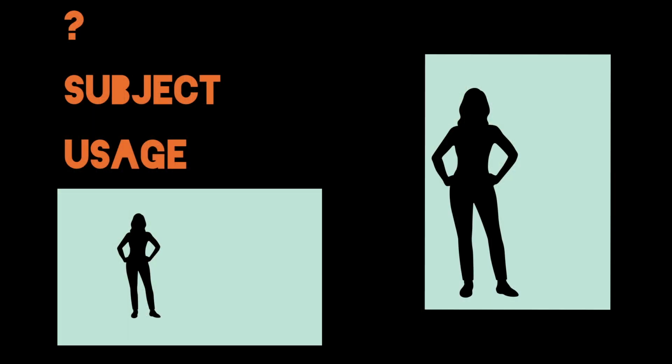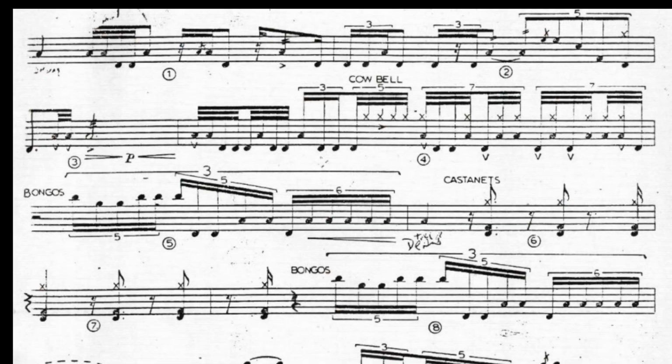Sometimes the subject decides which one is better, but you can also need different shapes depending on the usage, where the picture should be at the end. We call this stuff where we put the subject in the image and what's around your subject, composition.